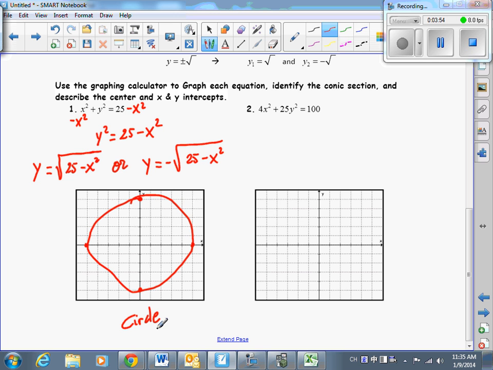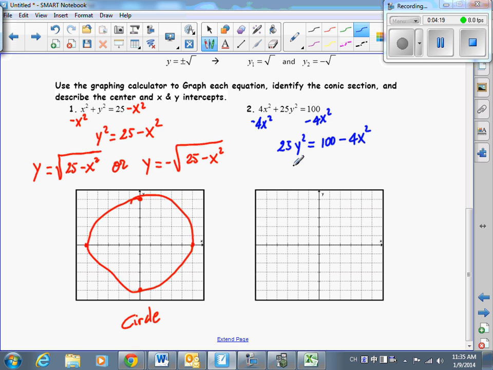Let's go ahead and look at the second one. For number 2, we will solve for y as well. Let's go ahead and solve by first subtracting the 4x squared from both sides. And if you subtract, you end up with 25y squared is equal to 100 minus 4x squared. What would be the next step? Divide by 25.